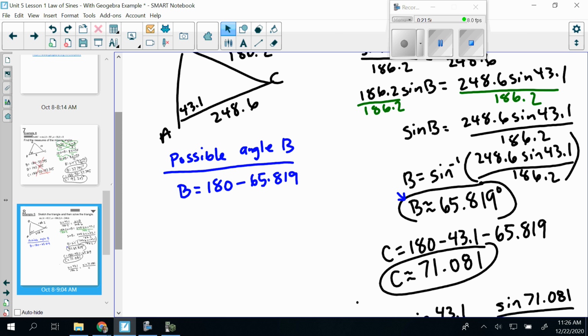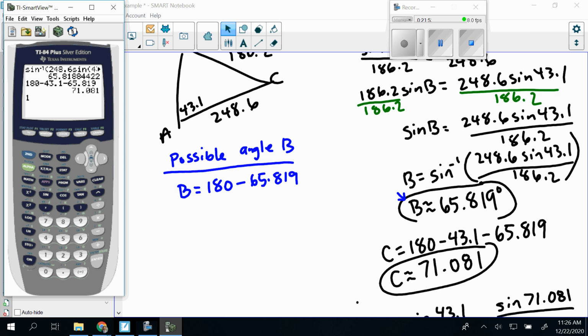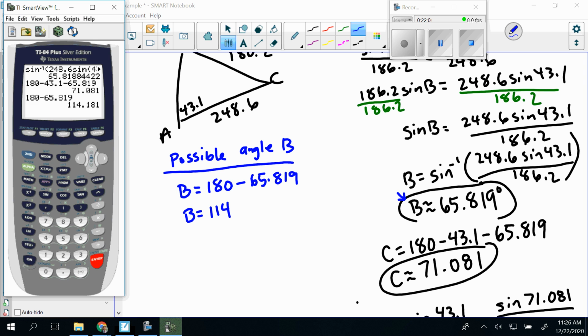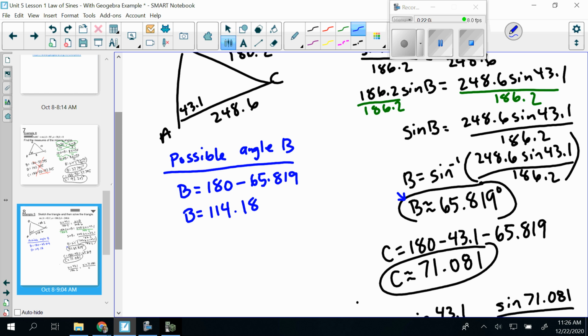If we put that in the calculator, another possibility here for B could be 114.181 degrees. Does this one work?